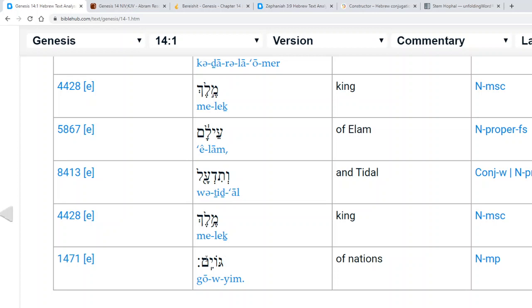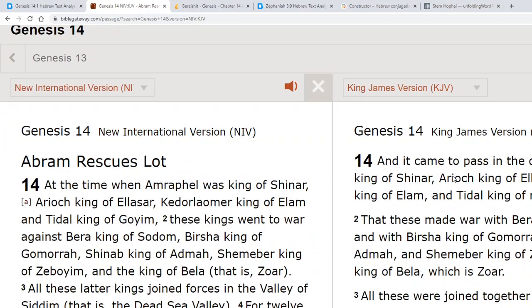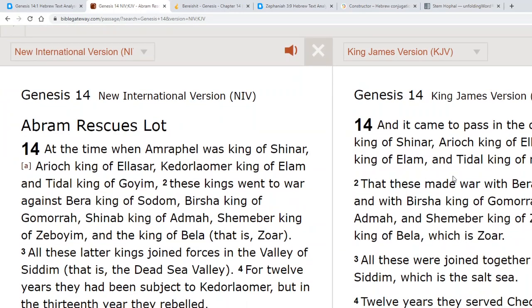But if it was using it that way, it would probably take the article, Melech HaGoyim, the king of the nations, but it's not really doing that. Yeah. Melech Goyim. So here, at least, the word Goyim seems to be a proper noun.